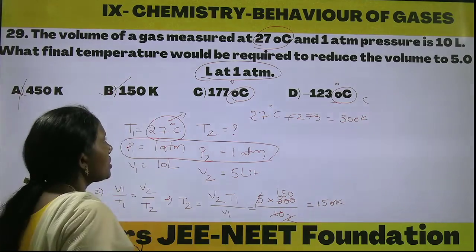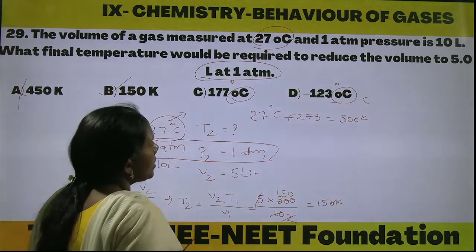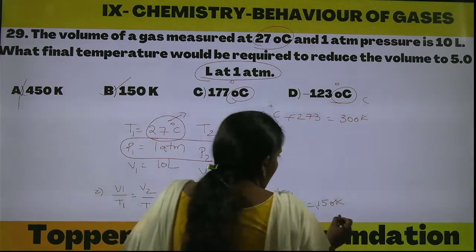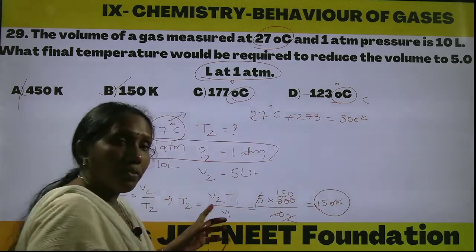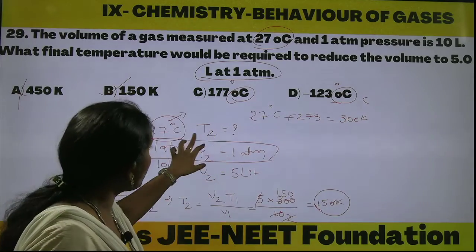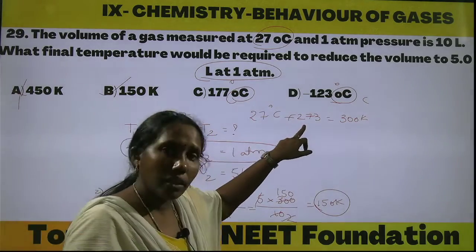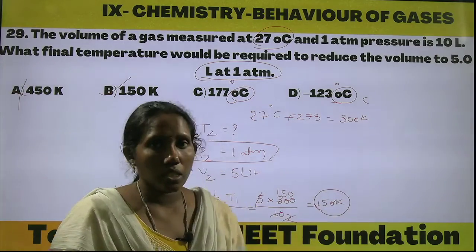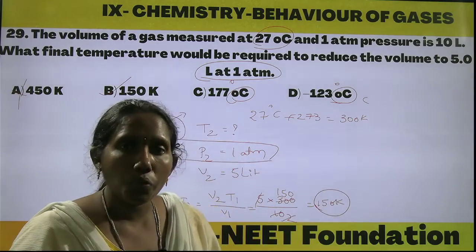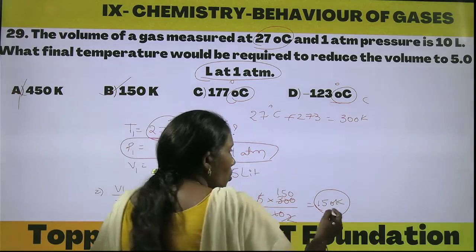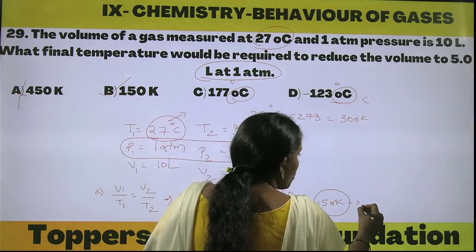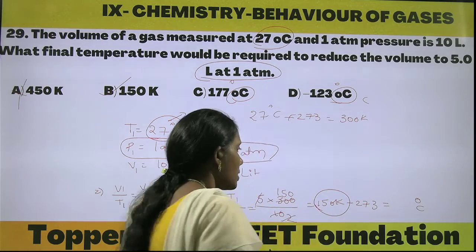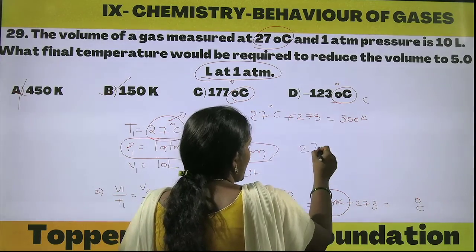Yes, 150 is there. And it is 177 degrees Celsius. To convert degrees Celsius to Kelvins, we have to add 273. To convert Kelvins to degrees Celsius, we have to subtract 273. So 150 Kelvin minus 273 gives you the answer in degrees Celsius. Let's do the subtraction.